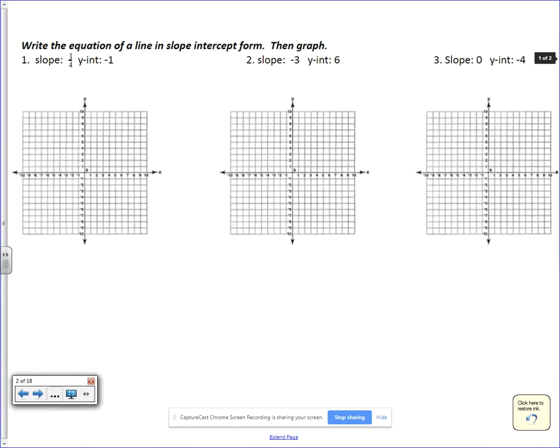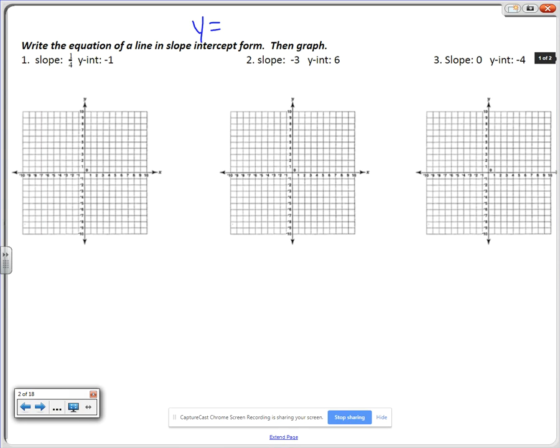All right, it says write the equation of a line in slope-intercept form. I just told you what slope-intercept form is, didn't I? What is it? Every answer I write down in this section has to look like that. I just told you that y and x were going to be placeholders, correct? So I just need to fill in the m and the b.